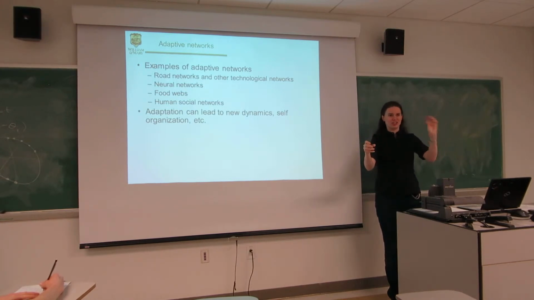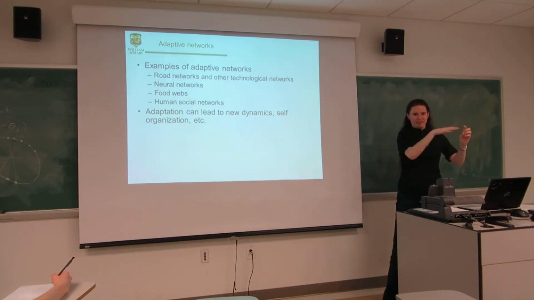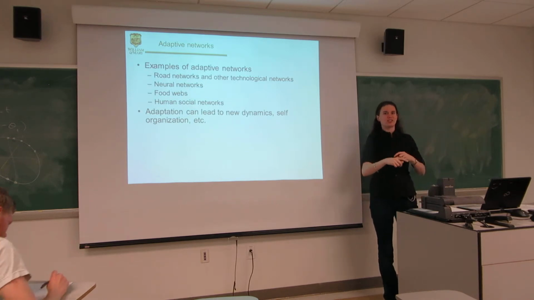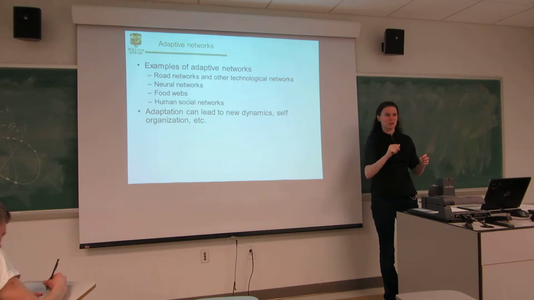Okay, so our population increased here, and that's going to lead to more traffic on the roads. And then we have traffic jams, so we're going to widen the roads or make some new bypass or something, changing the network structure. And that's going to, again, affect how the population changes. And so we've got some kind of feedback loop going on.